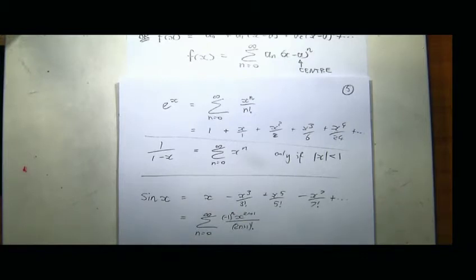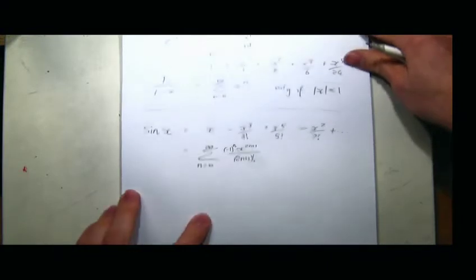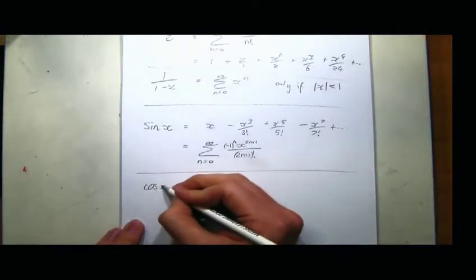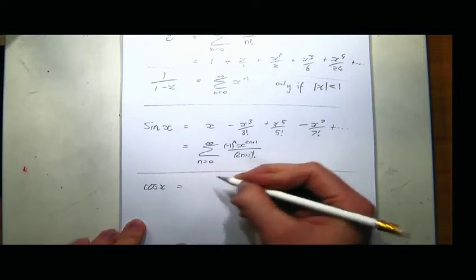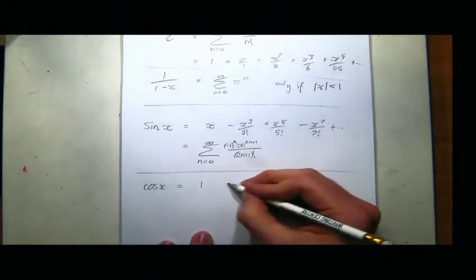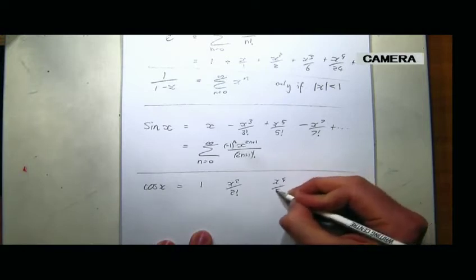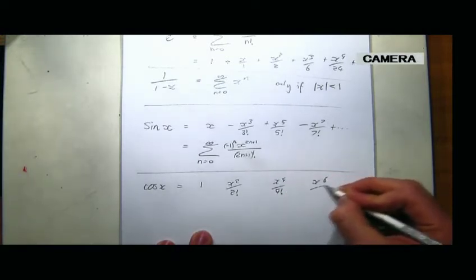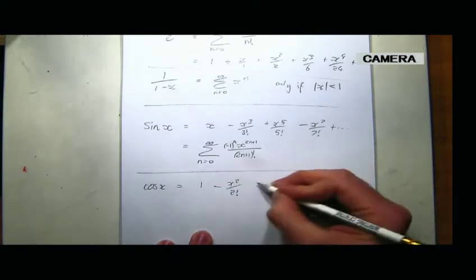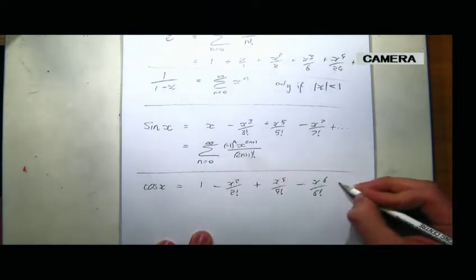So that's sin x. And cos x is similar, but being even, cos x has the even powers. So we have 1 and x squared on 2 factorial, and x to the 4 on 4 factorial, and x to the 6 on 6 factorial, and it will flip back and forth between plus and minus.